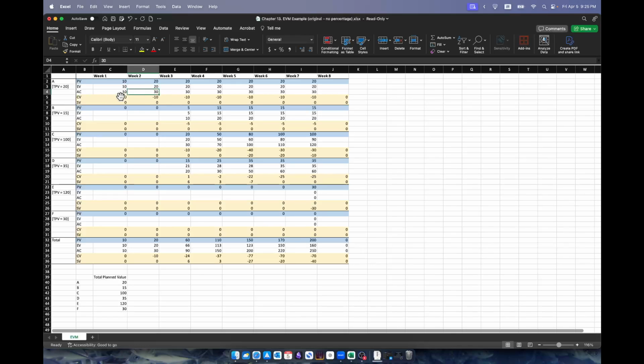But what can exceed 20 is the actual cost that you have spent when you complete that subtask A. In completing it 100%, your actual cost is $30. As you can see, your cost variance is negative 10, meaning that you overspent by $10, but your schedule variance in this case is 0. That means you are right on schedule, but you are over budget.